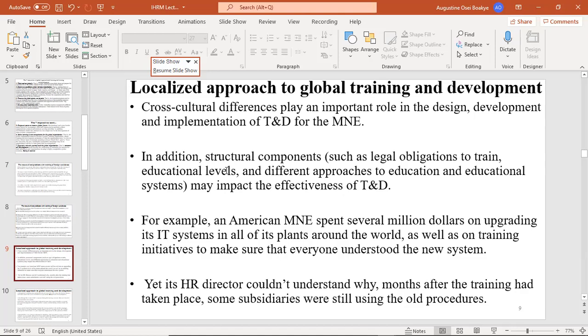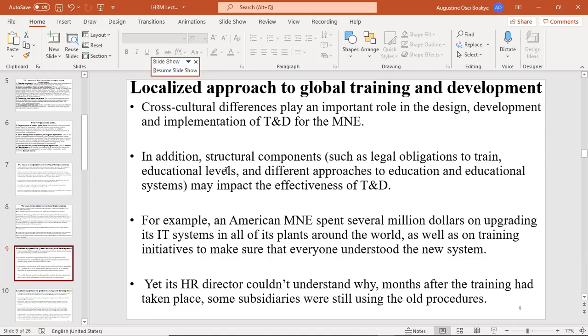So for example, an American multinational enterprise spent several millions of dollars on upgrading its IT system in all of its plants around the world, as well as on training initiatives to make sure that everyone understood the new system. Yet, its HR director couldn't understand why months after the training had taken place, some subsidiaries were still using the old procedures.